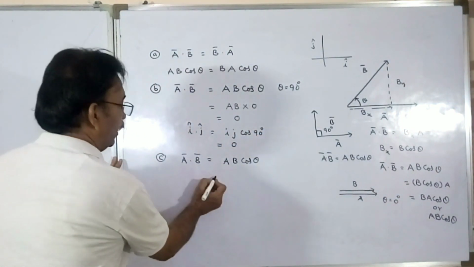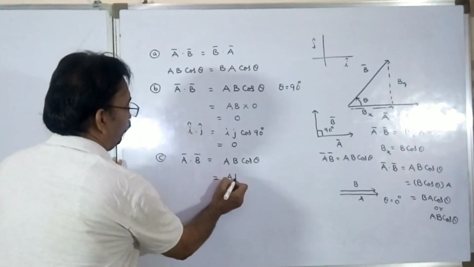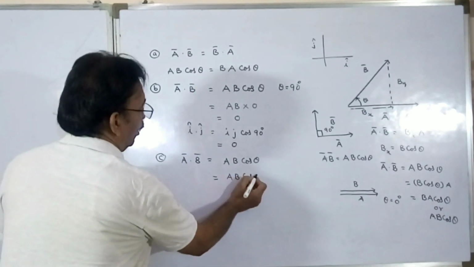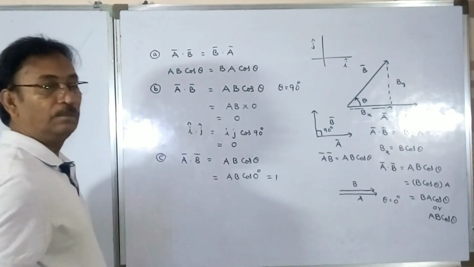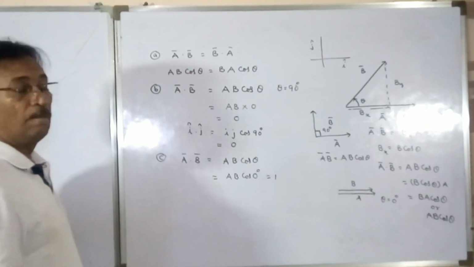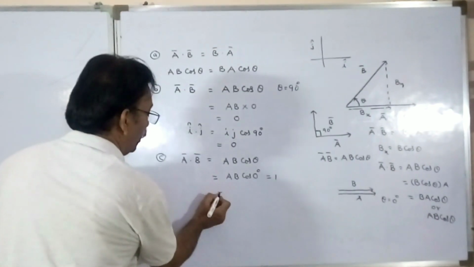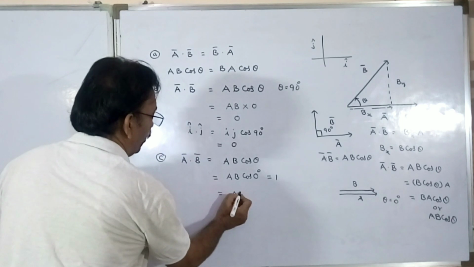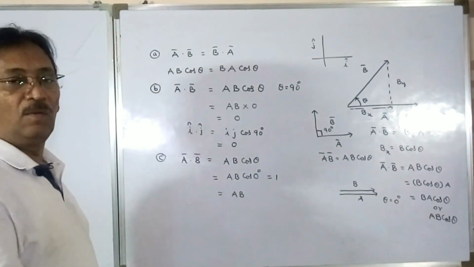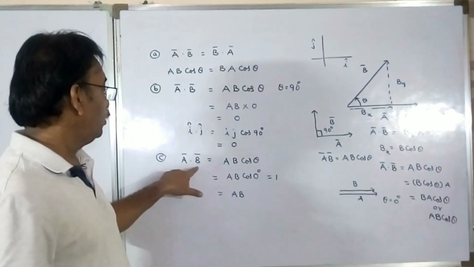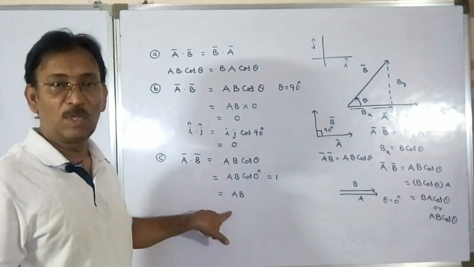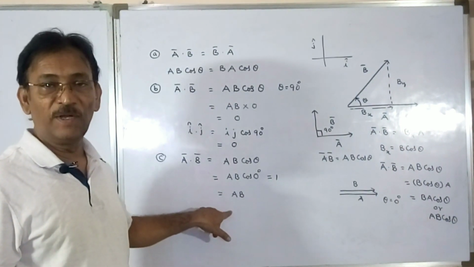Then what do you get? It is ab into cos 0, and cos 0 is equal to 1. So it is equal to the product of the magnitudes. When the two vectors are parallel to each other, the dot product of the two vectors is equal to the product of the magnitudes of the vectors.